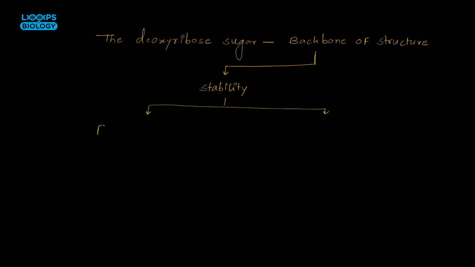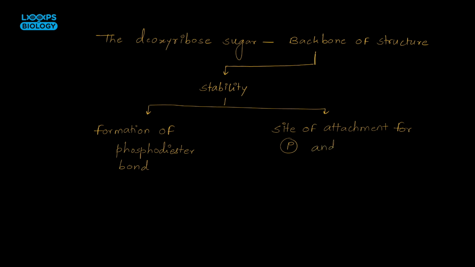Your first case will be the formation of phosphodiester bond, and the next case will be the site of attachment for phosphate group and nitrogenous bases. Correct. So there has to be a site of attachment for phosphate group and nitrogenous bases, which is very important for the formation of phosphodiester bond and complementary base pairing respectively.